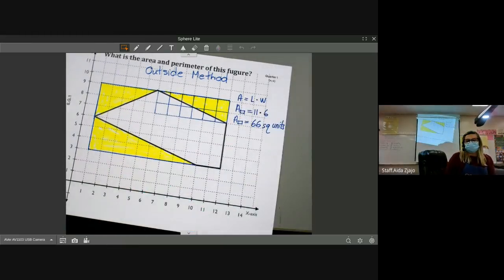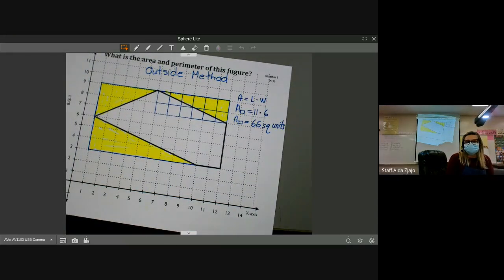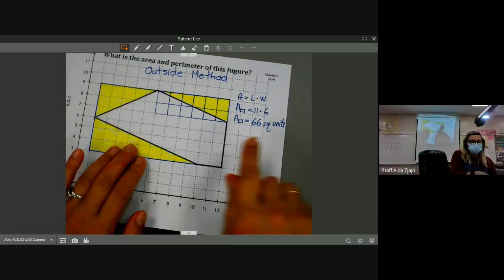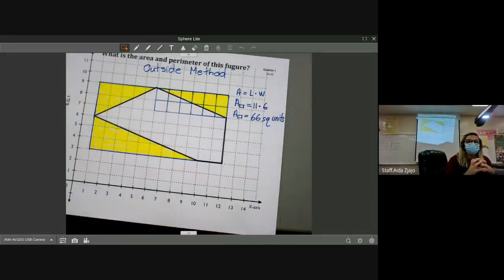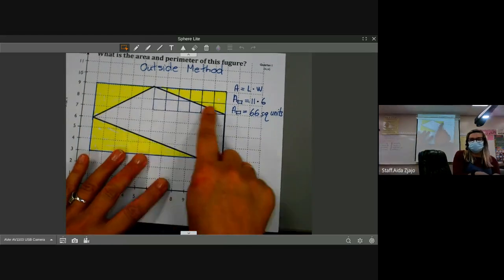When I do that, you can clearly see the area of the rectangle around that triangle. 12. Okay, do you agree with her, Erica? Do you agree with Lanisha? She says the area of this rectangle is 12.